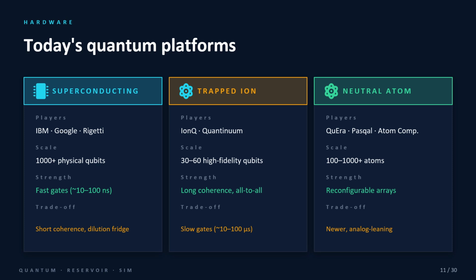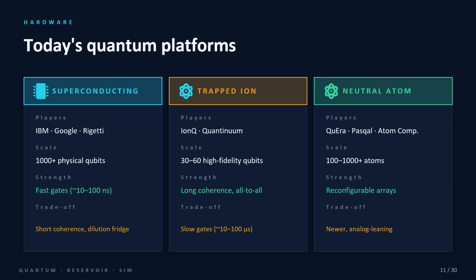Today's quantum platforms. There are several types of quantum hardware being developed today. The first is superconducting qubits, used by companies such as IBM, Google, and Rigetti. These systems can have fast gate operations, but they require extremely low temperatures and have limited coherence times. The second is trapped ion quantum computing, used by companies such as IonQ and Quantinuum.